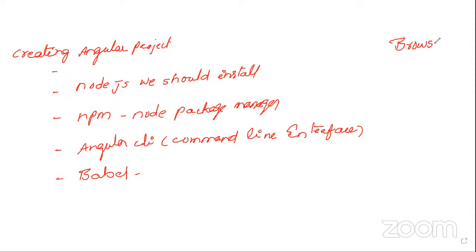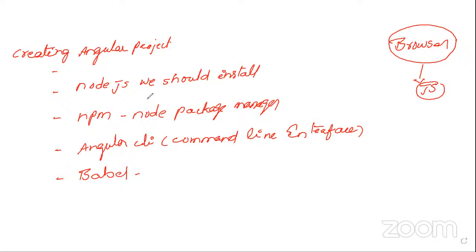Whatever the browser is, all browsers understand only JavaScript. But while creating an Angular project, we are going to write TypeScript code. TypeScript is similar to JavaScript, but has a slightly different syntax. I'll explain when I'm creating an Angular project. TypeScript is a strictly typed language.